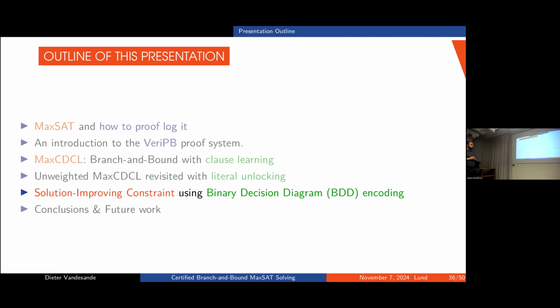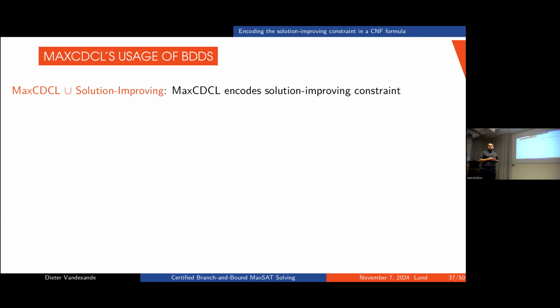Okay. So that's everything about the core-boosted linear search, solving in MaxCDCL. Let's turn to the BDD encoding. The idea is that MaxCDCL actually combines core-guided lower bound solving and solution-improving search, sometimes whenever it seems handy based on a heuristic, to also encode the solution-improving constraint using some BDDs.